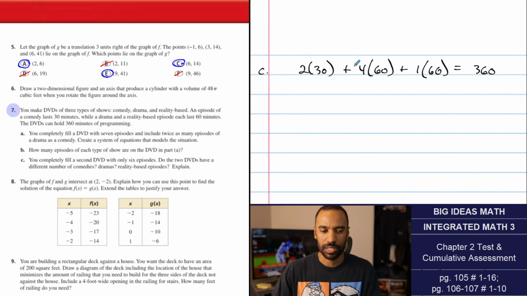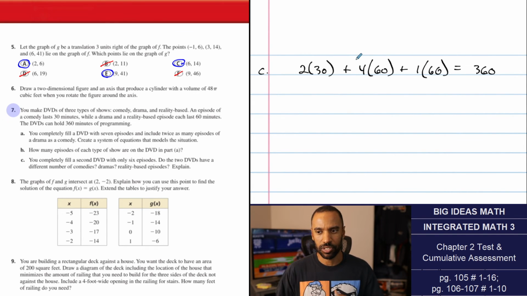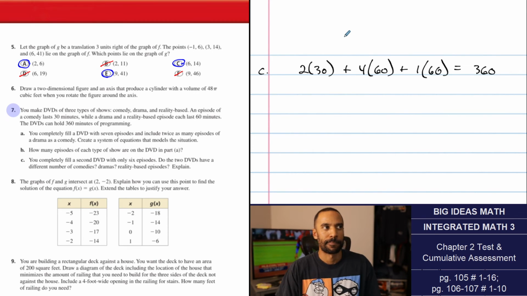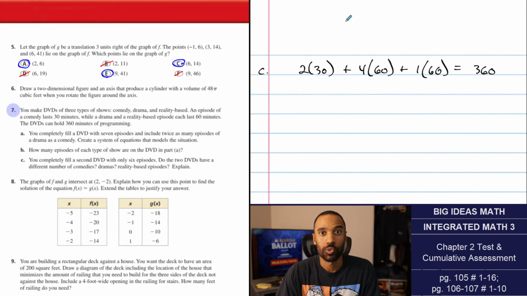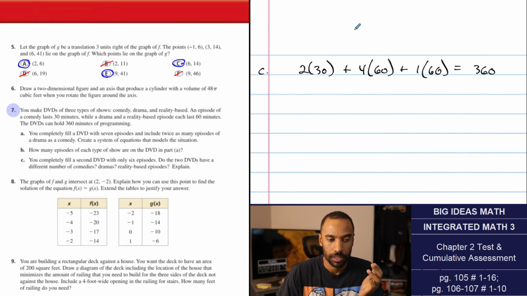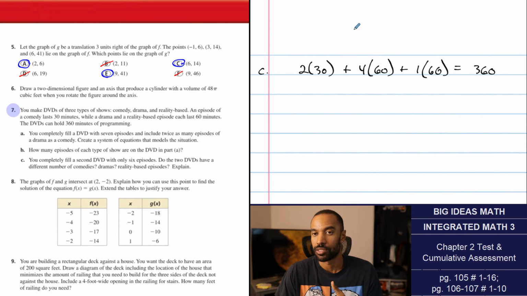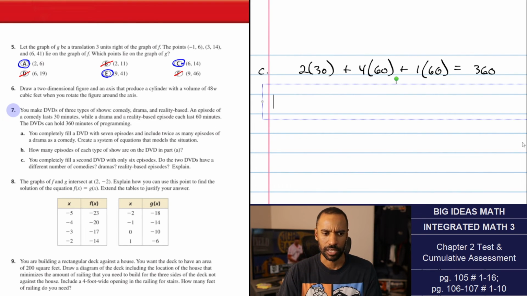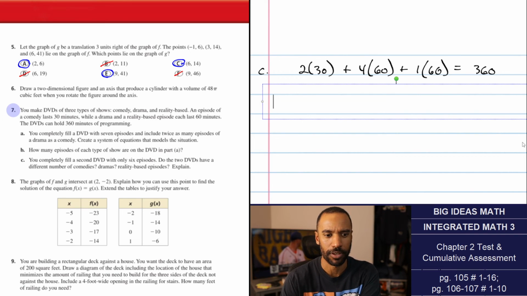Now we're going to reduce this to 6 episodes, which means we have to take out 1 of something and replace 1 of something with something else. For 6 episodes, they need to all be 60 minutes. Otherwise, this won't work. You have to take out both comedies. You completely fill a second DVD. It needs to hold 360 minutes.